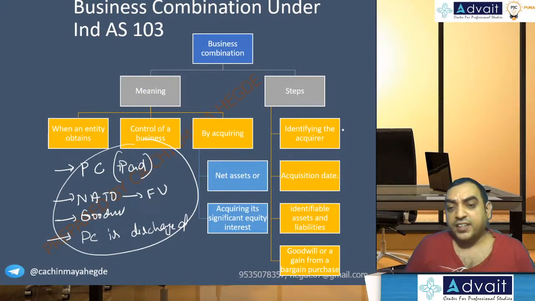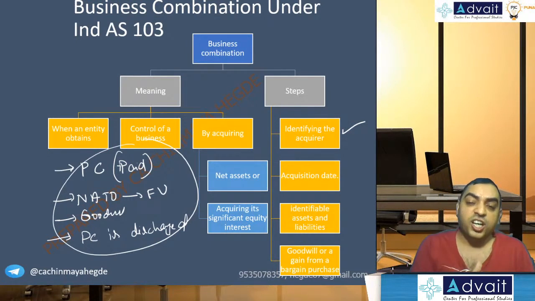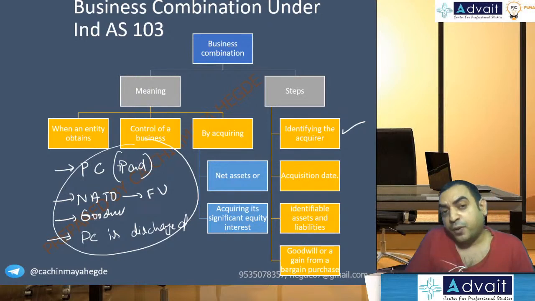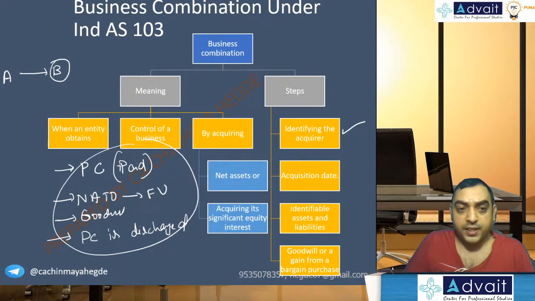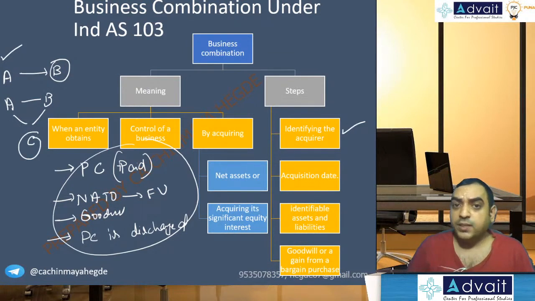Now, identifying the acquirer: there is a difference between AS 14 and Ind AS 103 here. The legal acquirer may be different from the accounting acquirer. For example, A Limited acquires B Limited, A Limited is the acquirer, no doubt. But if A Limited and B Limited form a new company called C Limited, C Limited is the acquirer legally.